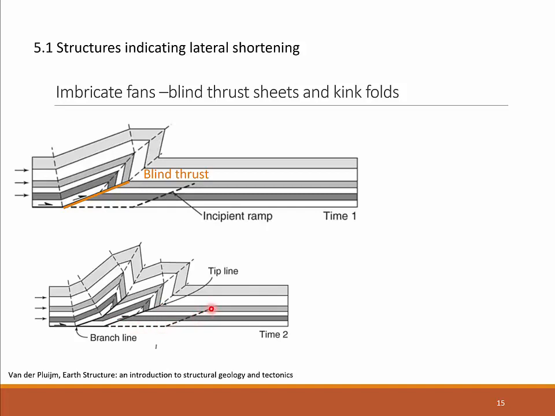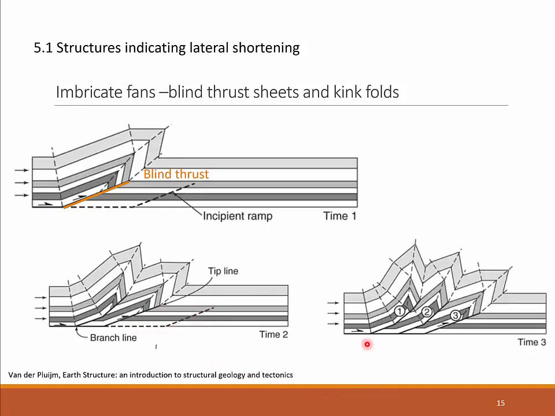further in the direction of tectonic transport. Here we see the next stage of the evolution of our imbricate fan, consisting of 3 blind thrusts and the sets of folds that have developed on top of them. What is remarkable is that the oldest blind thrust now is the steepest.